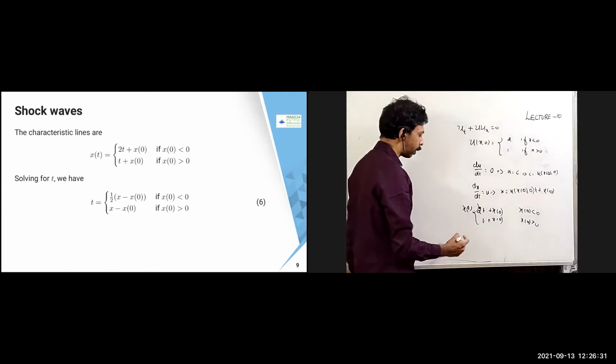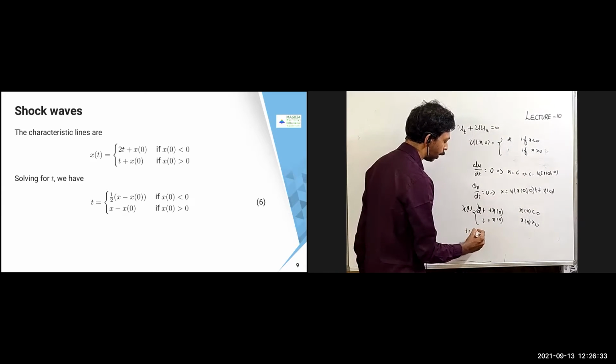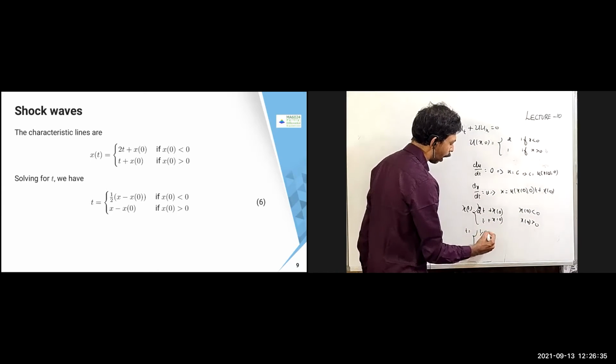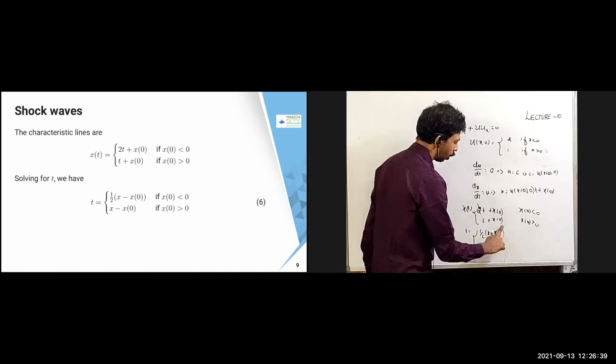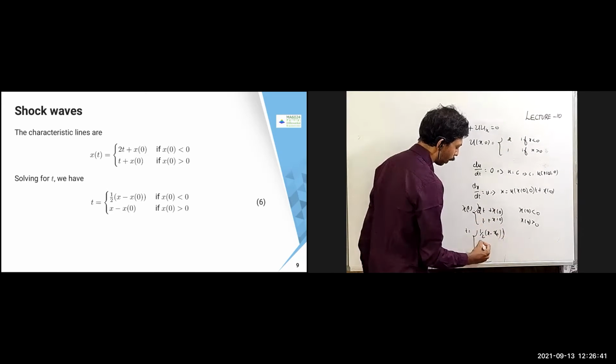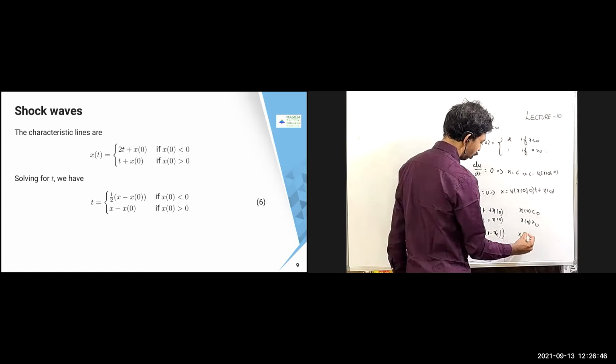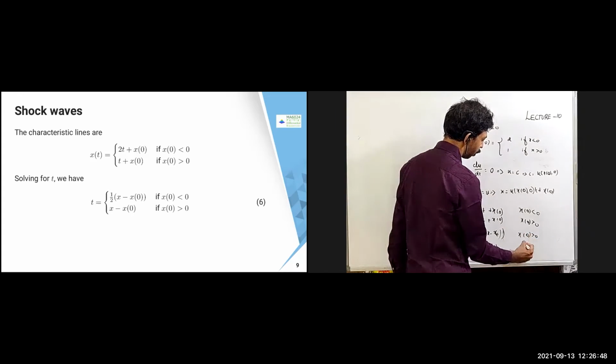Again you can solve for t: t is going to become half into x minus x naught for the first case, and x minus x naught for the second, with x of 0 less than 0 and x of 0 greater than 0 respectively.